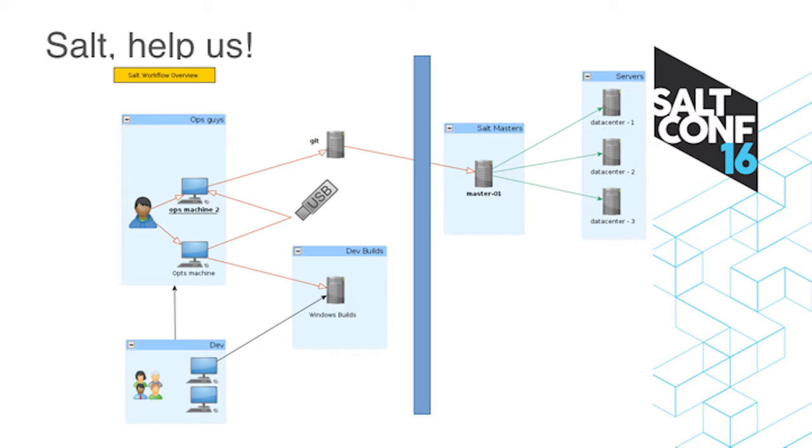And he would sit on one of his machines, get the software, put it on a USB stick, put it in another machine, move it to a Salt repository, or the Salt binaries, or the Salt roots, excuse me, and then he would bump his versions and make his configuration changes in Git, and then have Salt push out the software where it needs to go.